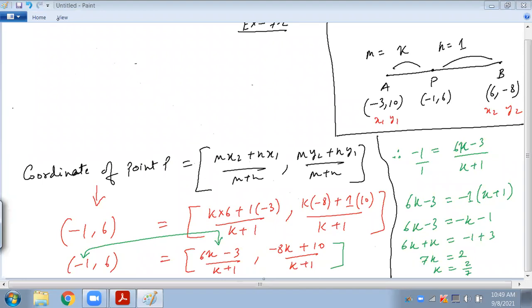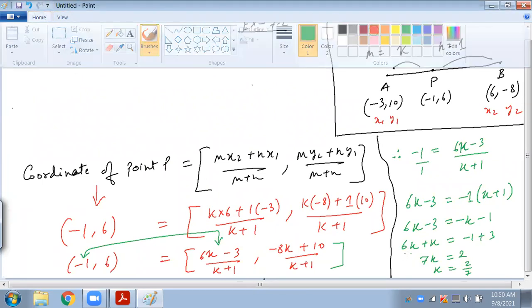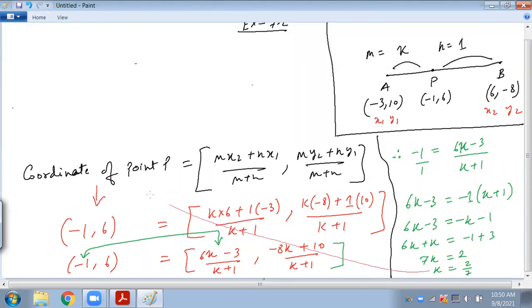Okay, now say this k, I can write k by 1. There is no denominator for k, I can write k by 1. So on the right side, we have 2 by 7. Then instead of k by 1, I can write k is to 1 is equal to 2 is to 7.